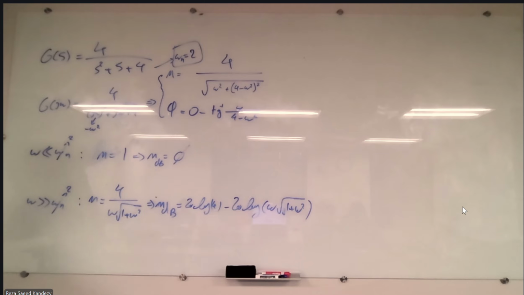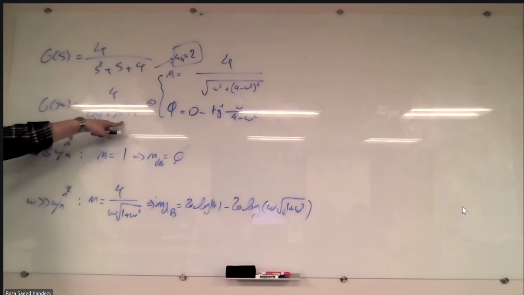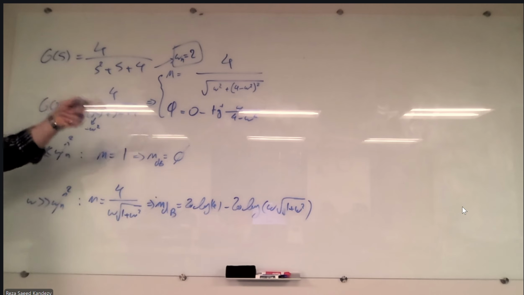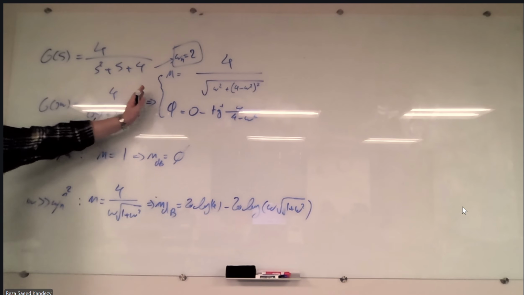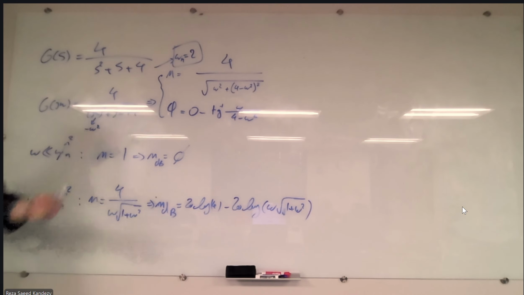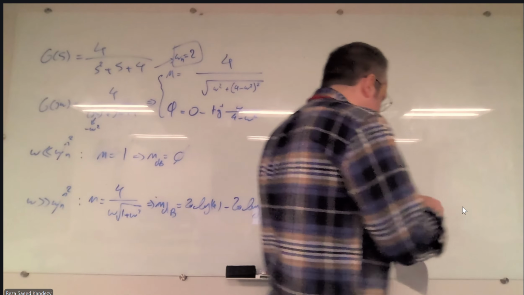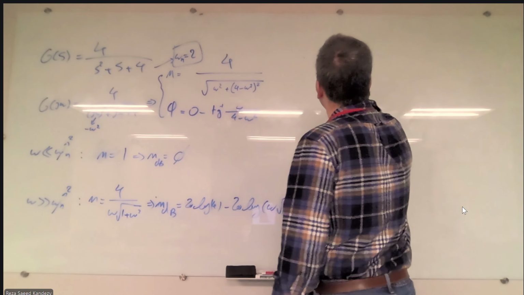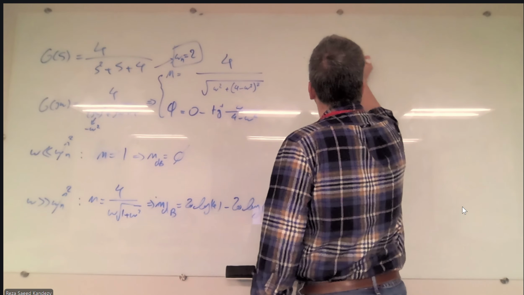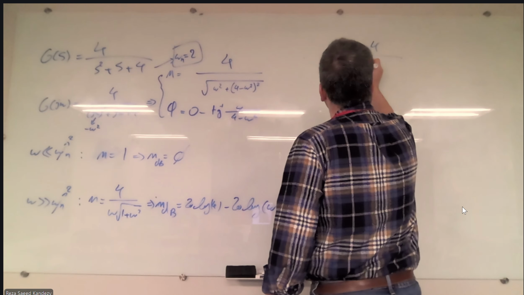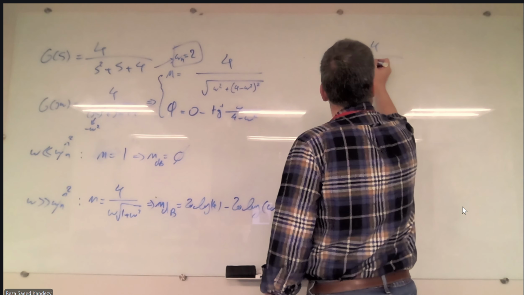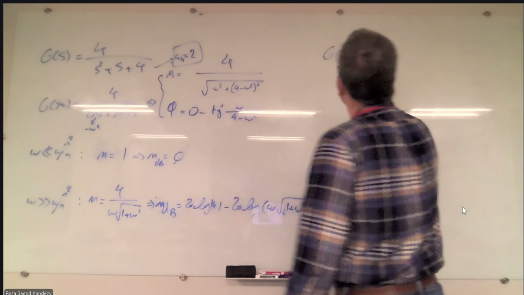Well, I'm still kind of confused how you went from the transfer function, the j omega, to the square root in the denominator. This is our transfer function. We wanted to represent it with a vector. That vector has an amplitude and a phase. The transfer function g of j omega is 4 over 4 minus omega square plus j omega.